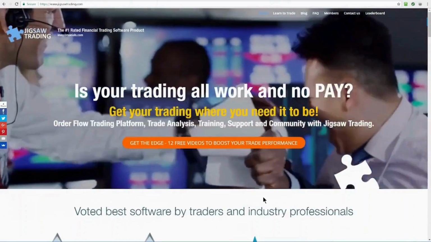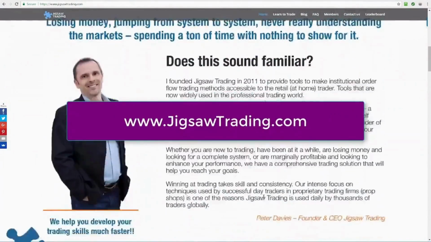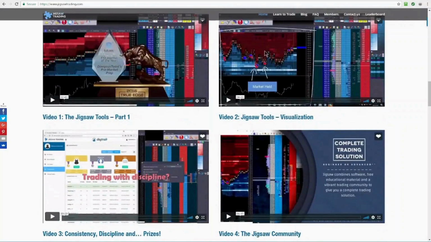Here's the Jigsaw Trading website. I'll just show you the homepage here. There's no need to spend too much time here. This is the tool that I chose for order flow support for price action. These are the tools that you'll see in the live trading videos to follow. This graphical tool I do not use. It's something I've not had a need for.